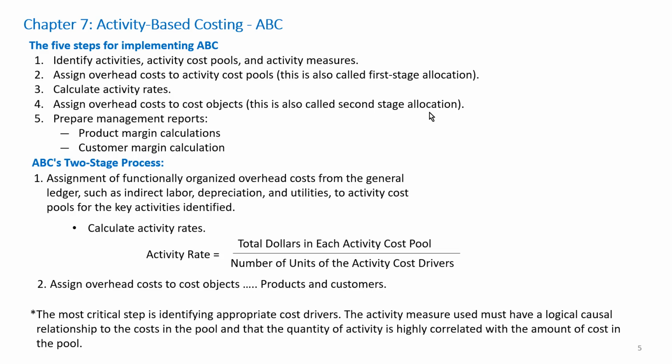When we assign our overhead costs to the cost objects, that's referred to as the second stage allocation. The fifth step is to prepare management reports. Two of the more frequently prepared reports would include a report showing the product margin or the customer margin.